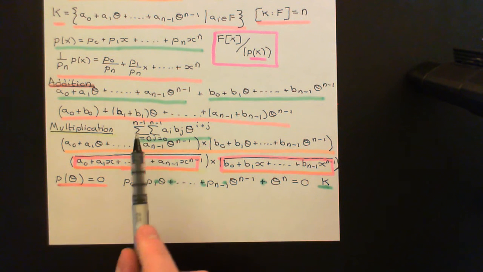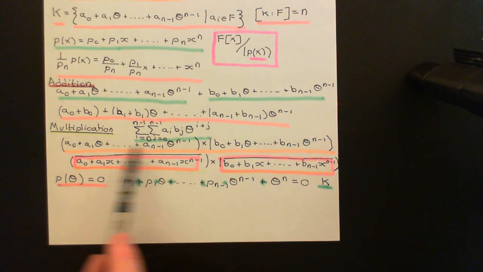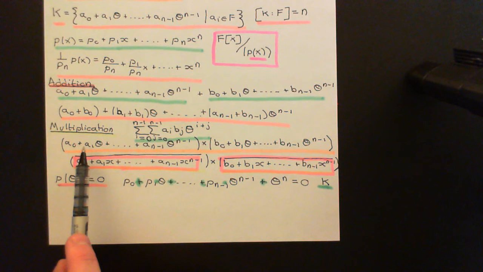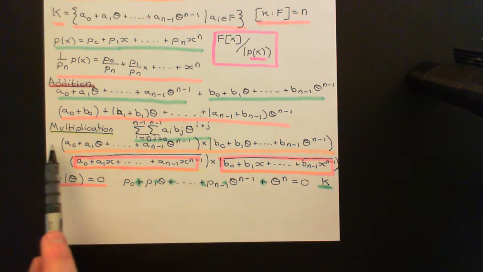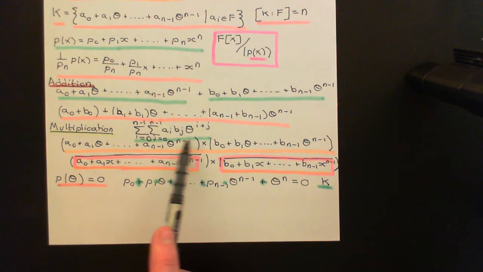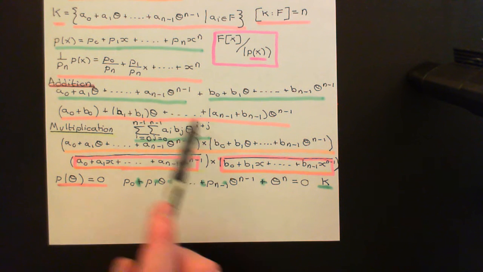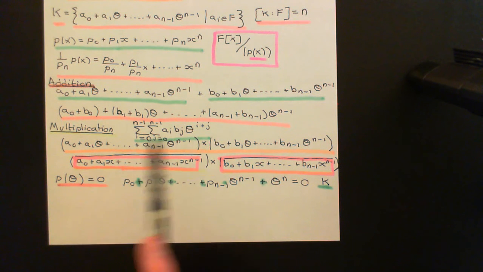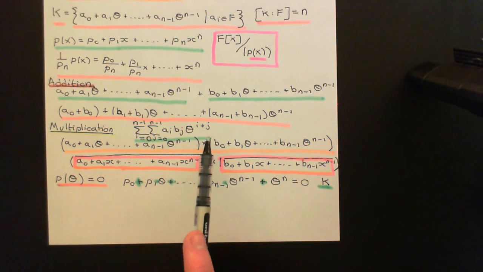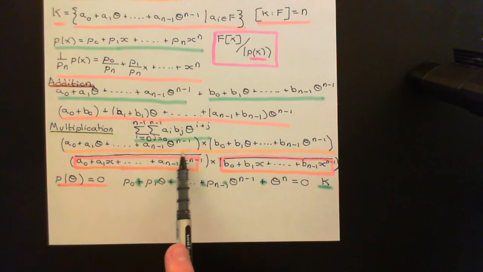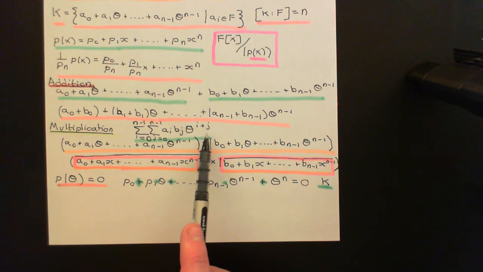Now, it's very nice to have all of the elements described as linear combinations of these basis vectors. This might not end up being a linear combination of those basis vectors, because you might end up with higher powers of theta.